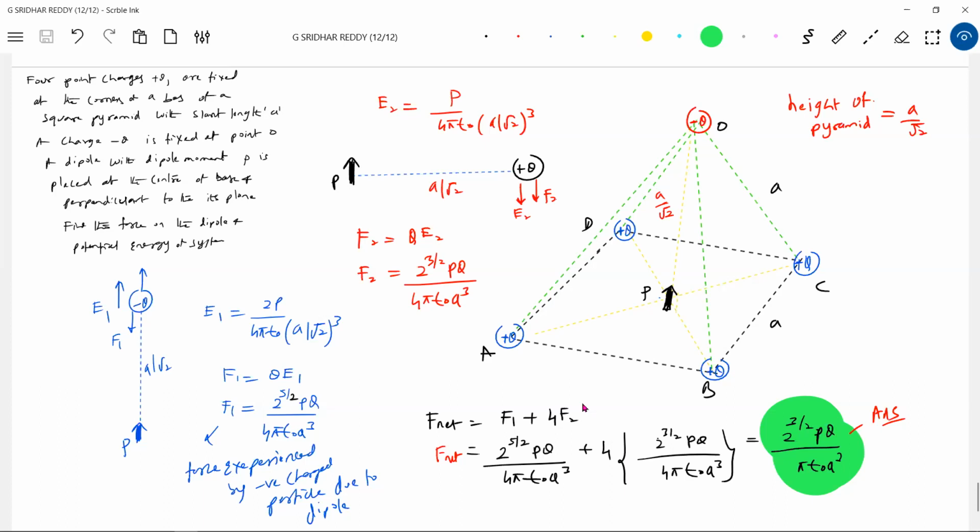Some calculations. How much will it become? 2 to the power 3/2 into 6 pq by 4 pi epsilon naught. Can't we write this further?